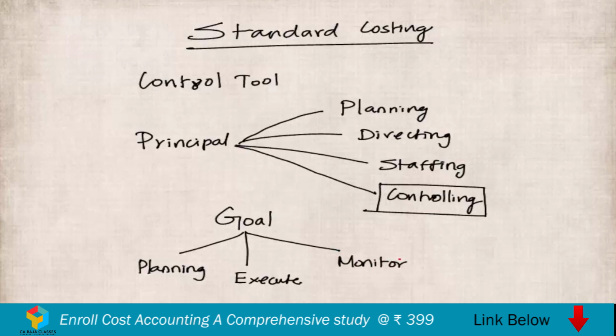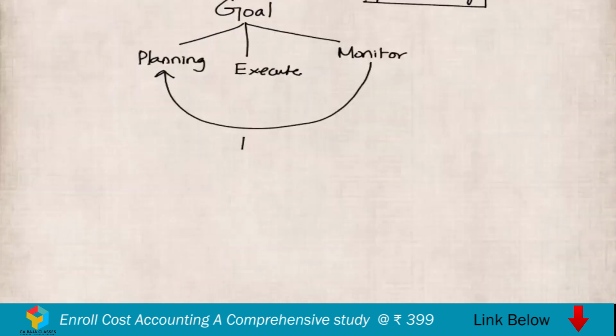When they monitor the process, they have to ensure that there is no deviation in the activity from the plans. What is important is that there should not be any deviation in the process from the plans.